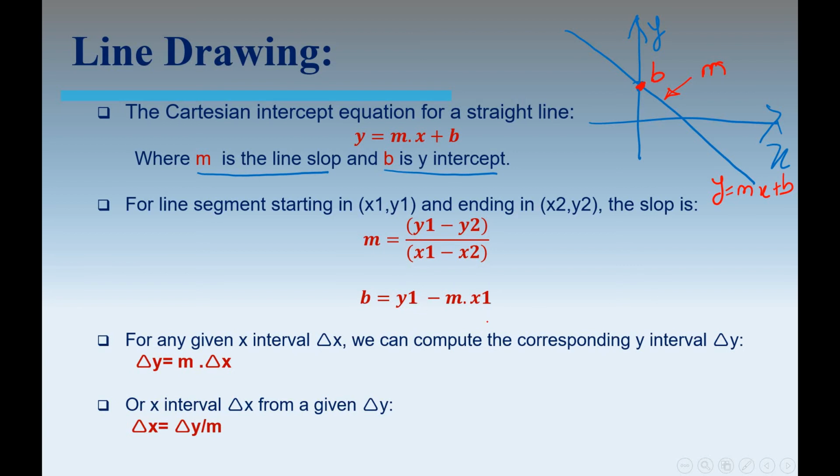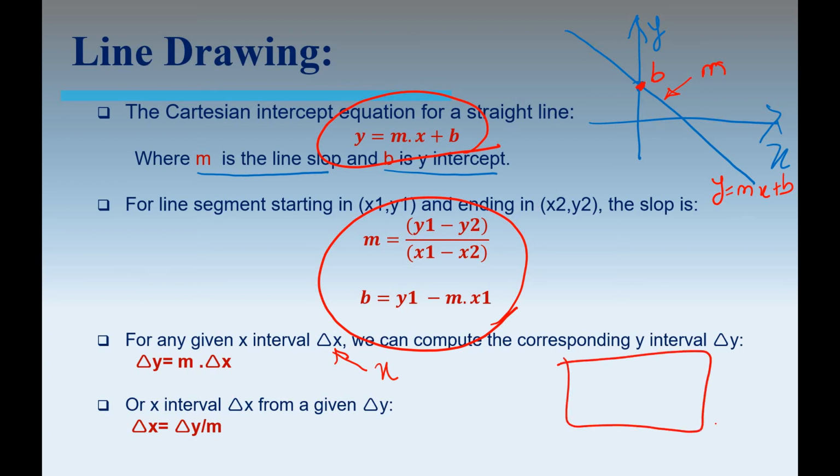You have to remember this formula and this formula for the rest of your life. You should never forget this. For any given x interval delta x, we can compute the corresponding y interval delta y as delta y equals m times delta x. Delta simply means change in x, the change in the position of x.